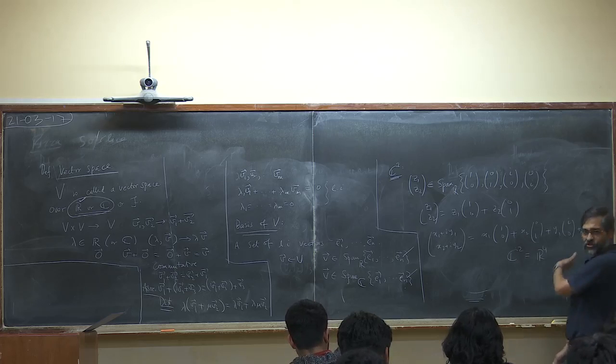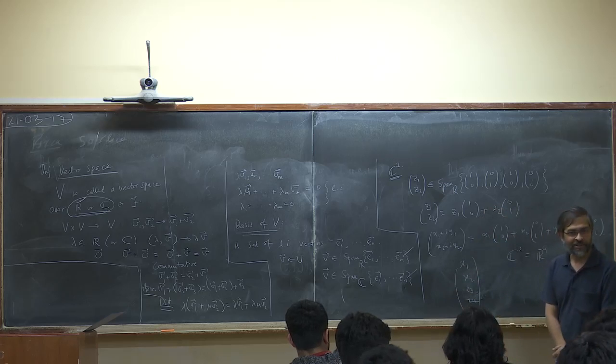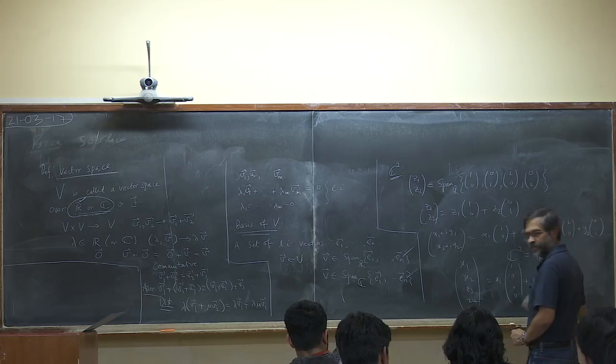So this definition is not exactly the same as x1, x2, x3, x4, which is normally how we would have defined R4, as x1 times (1,0,0,0) plus x2 times and so on.